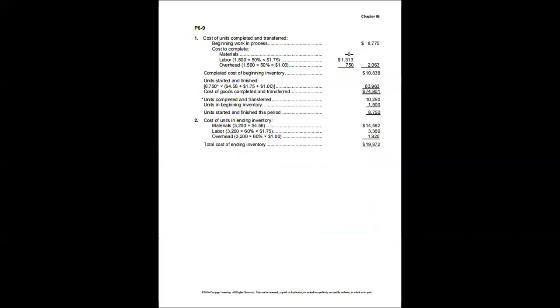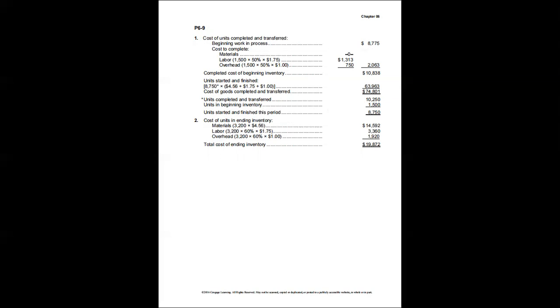During the month, 10,250 pounds were completed and transferred to finished goods. The 3,200 pounds in ending work in process were 100% complete as to materials and 60% complete as to labor and overhead.